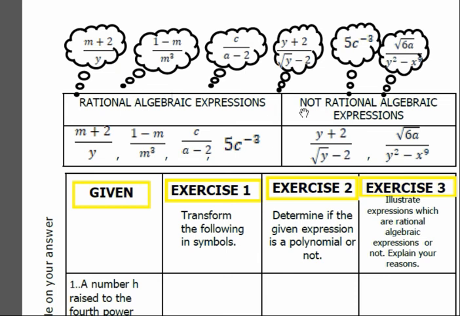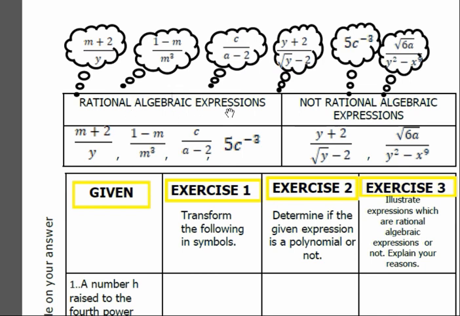And we have also non-rational algebraic expressions. So you say this, no, they are not. So we have here 5c raised to negative 3. These are not. And these are examples. Well, this choices 2, 4, 6 expressions here.